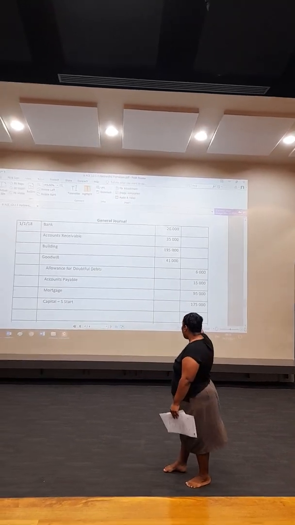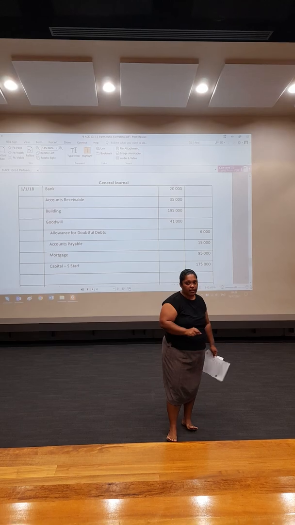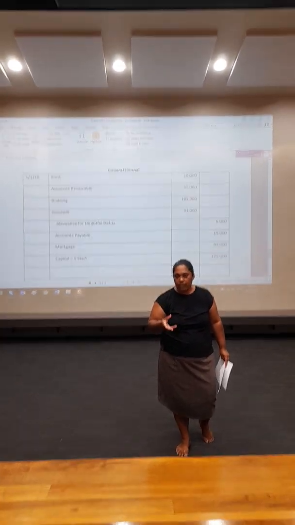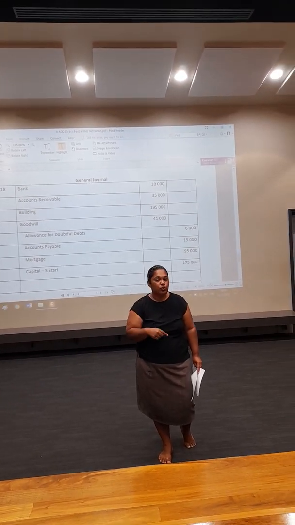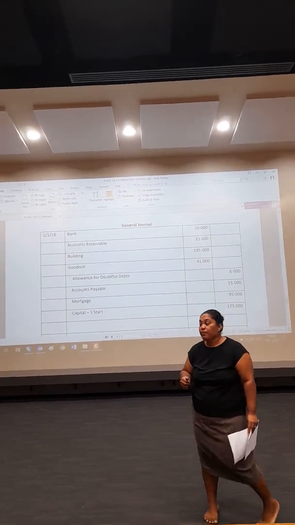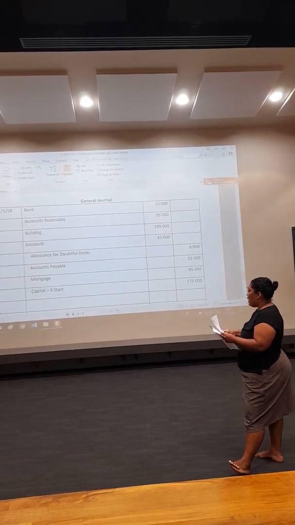That's why the mortgage remains as 95, because that's the value of it with the bank, 95,000. Some businesses will say to one partner, actually, that's your mortgage, we do not bring it to the business. So they will continue to pay it themselves. Then you've got Start's capital.